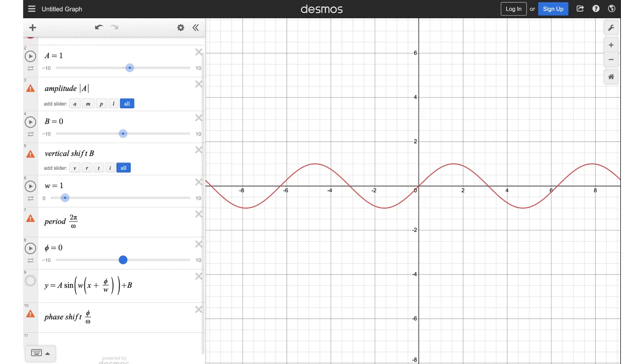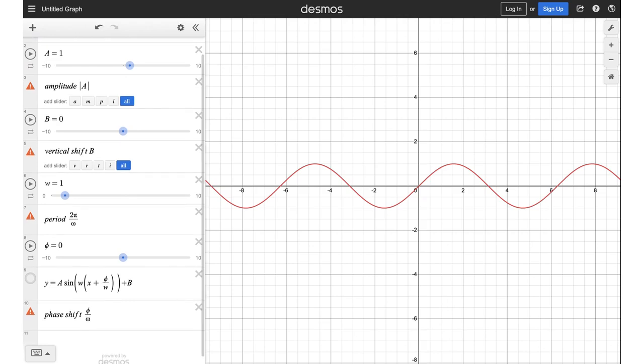Since those are both horizontal ideas, if we have both a period change and a left or right shift, we're going to find the amount of the left or right shift by dividing phi by omega. We call this a phase shift. It's just a left or right shift. It gets its own word because these are sinusoids. That's a phase shift. So in general, there's how graphing sinusoids goes.